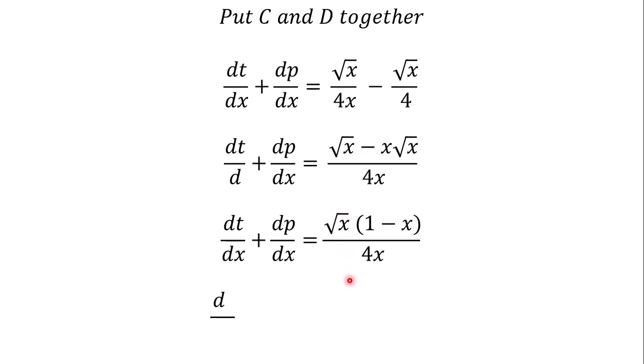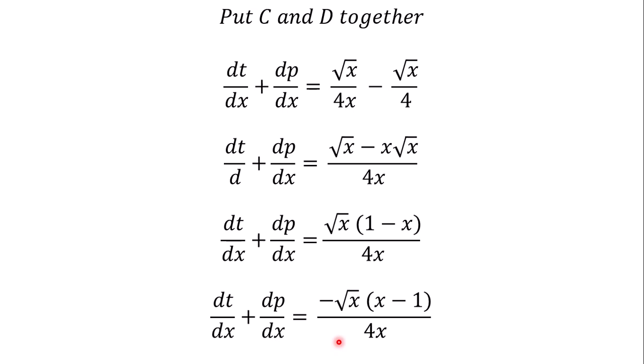Let's find out. You see, minus square root of x into bracket x. I told you that the moment we negate it, what is in the bracket will change. Here it was 1 minus x. Let's open this one and see if it gives us the same thing.